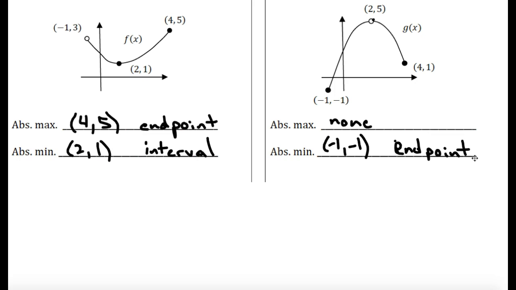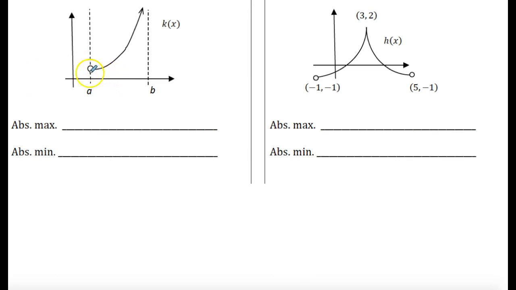Okay, so let's take a look at a couple more here. In the third example, we're defining our graph between a and b. Here we've got an open dot at a, and then our graph increases forever up here. So when we're talking about absolute max and min, the absolute max, well, this graph just keeps going up forever.